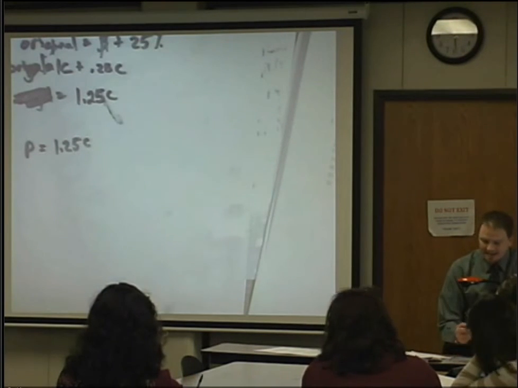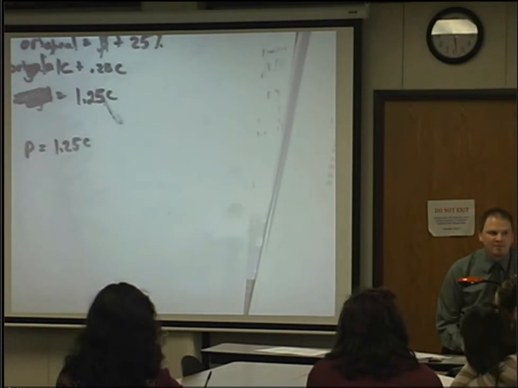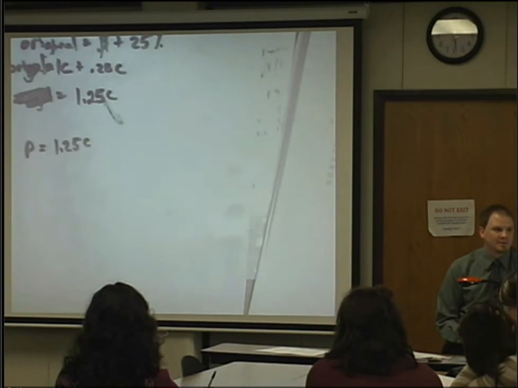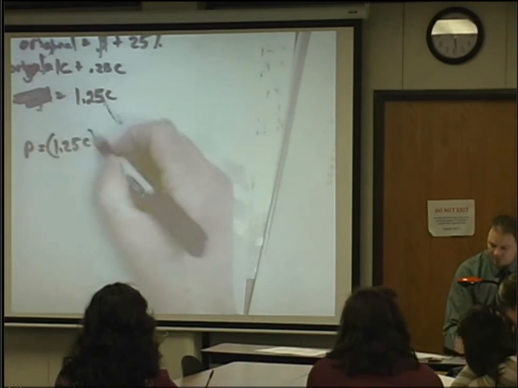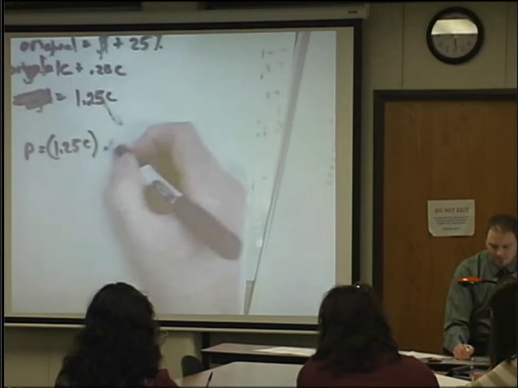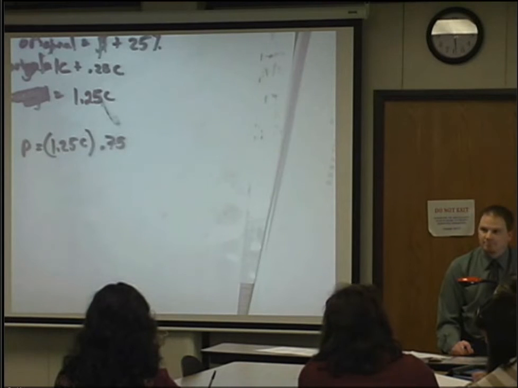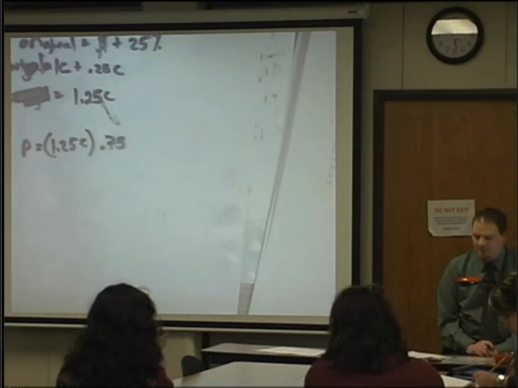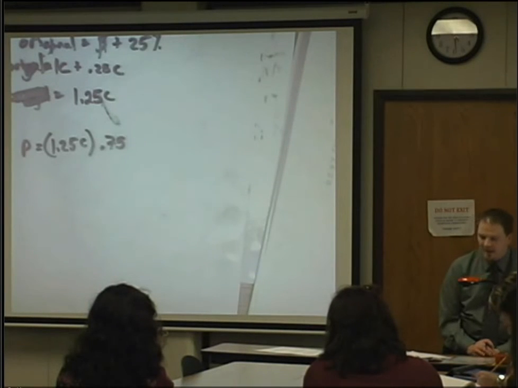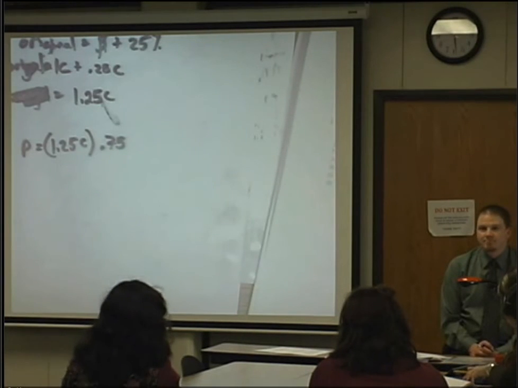How do we take 25% off of the price? How much would we then be paying? 75%. So we would multiply that by 0.75. And again, my commutative property of multiplication says I can swap those around, so that can be 0.75 times 1.25C. Questions on that one?